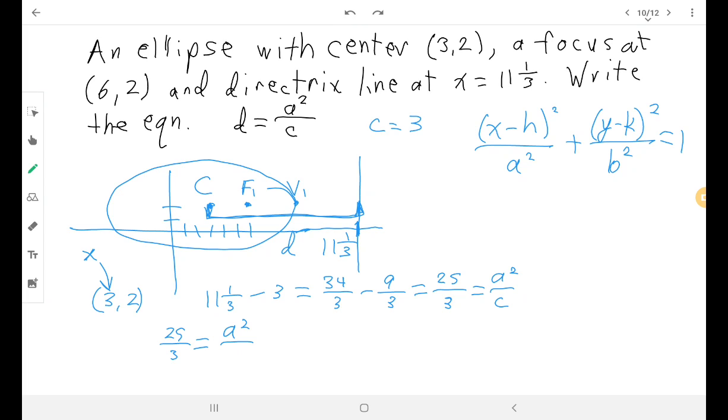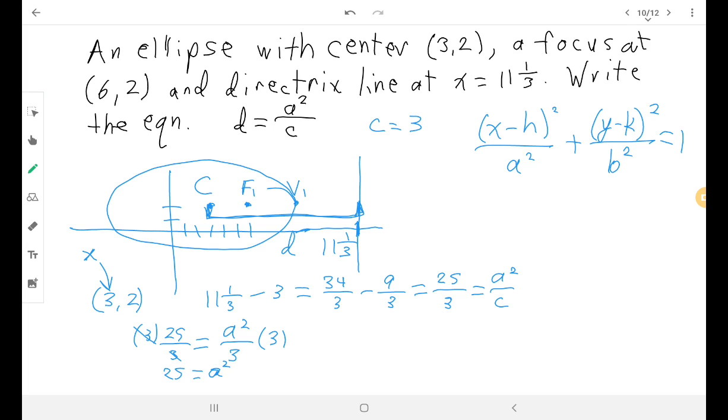But I know c is 3, so multiply by 3 on both sides. And the 3's actually cancel, giving me that 25 equals a squared. I can do that algebra, and you may need to do that algebra. Okay? So I know a squared.